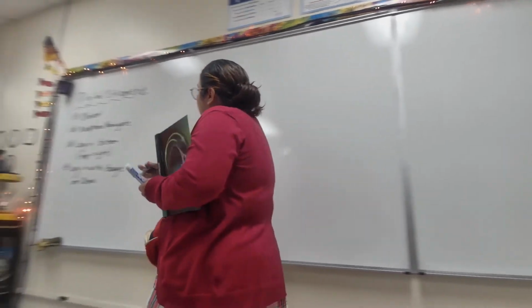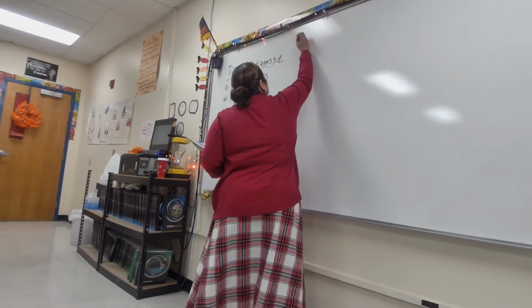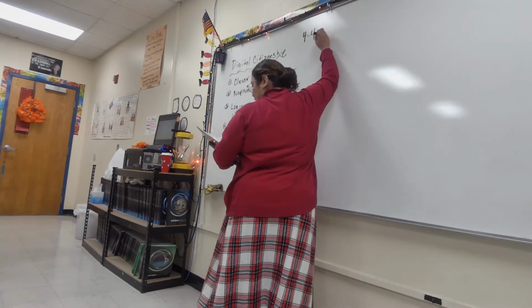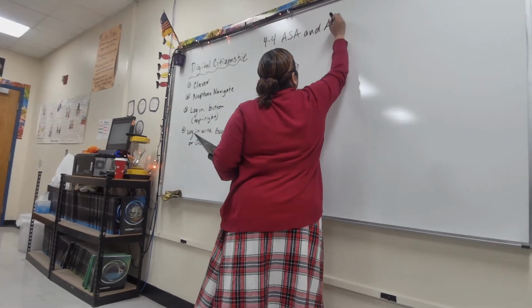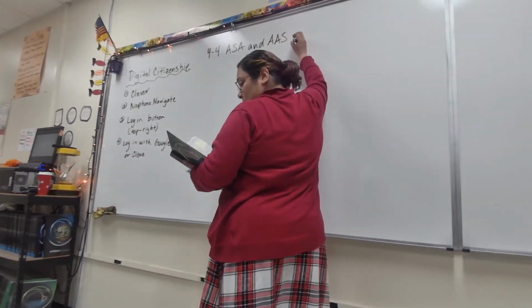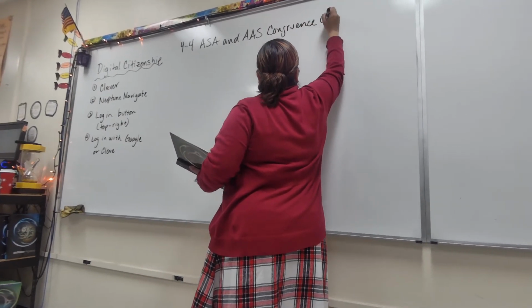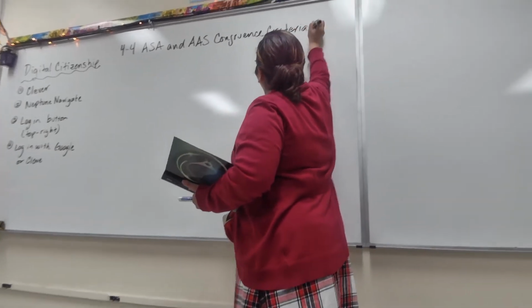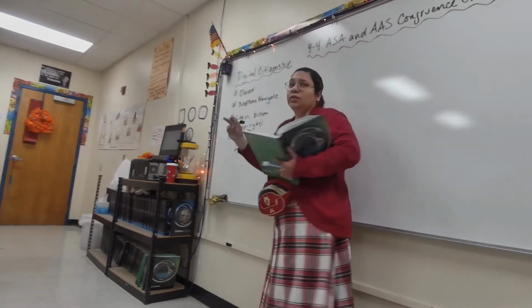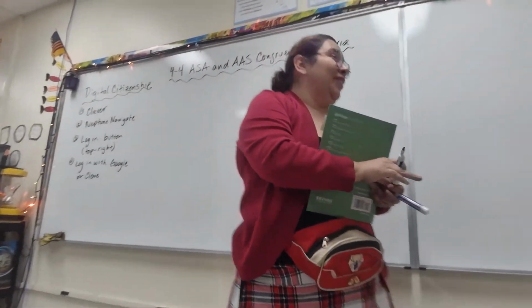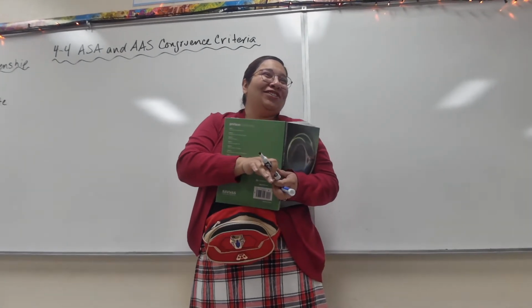So this section is 4-4. The ASA and AAS congruence criteria.